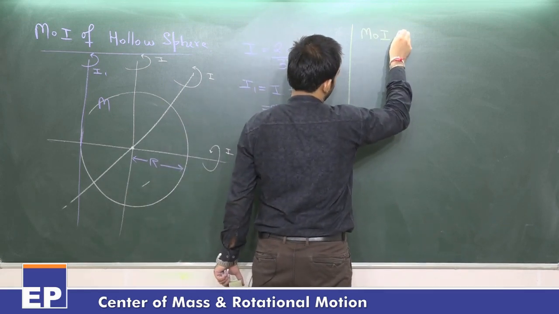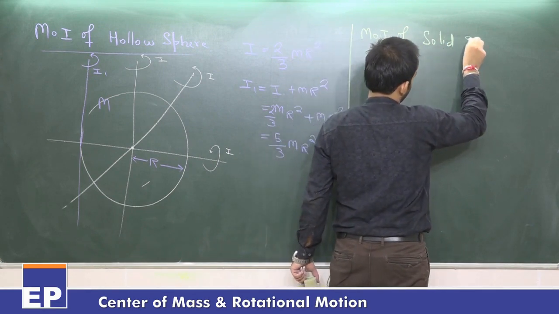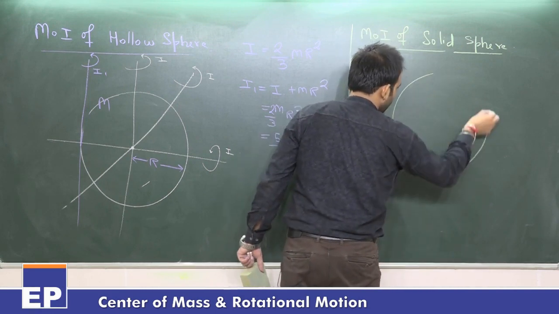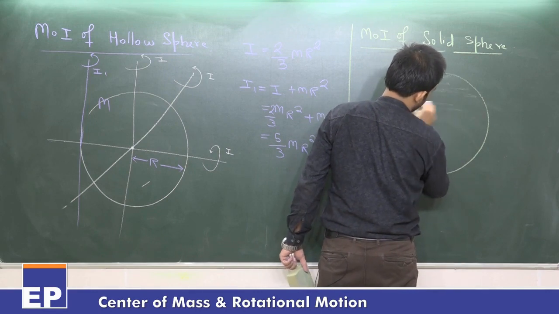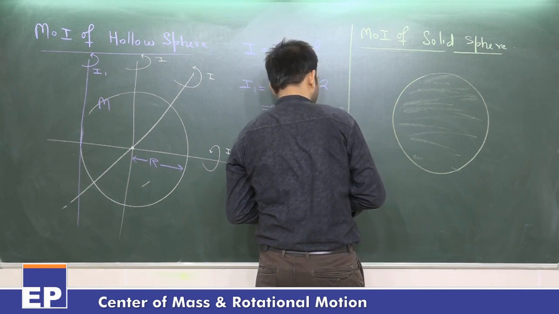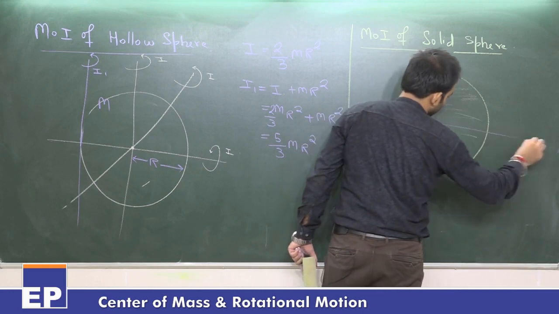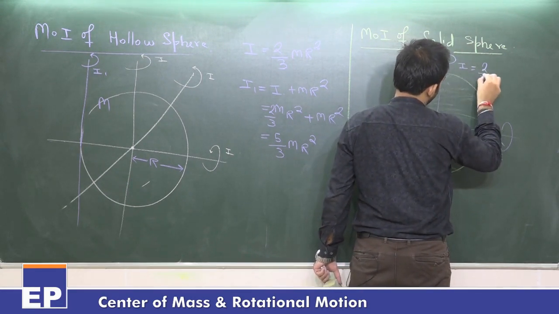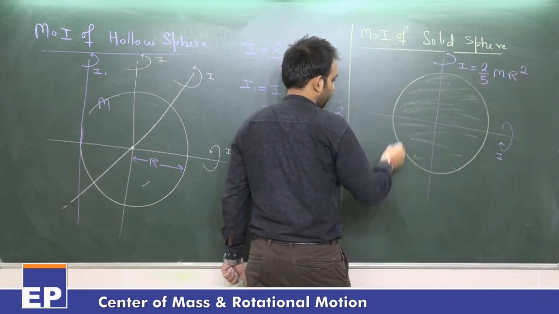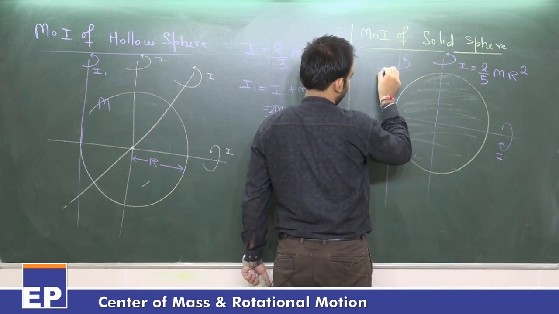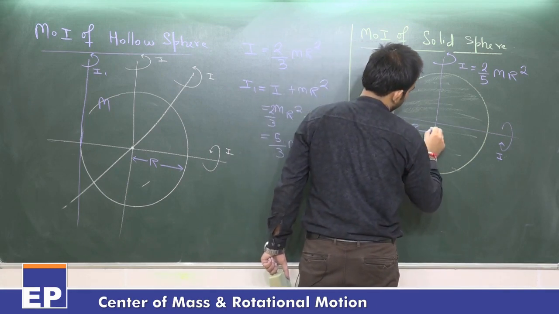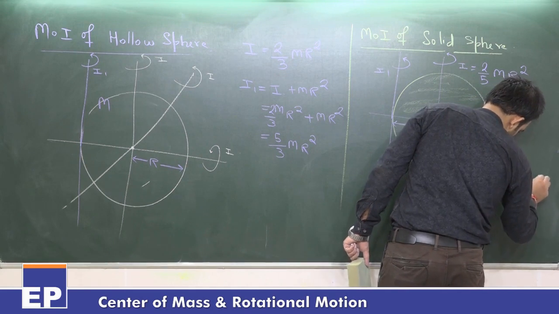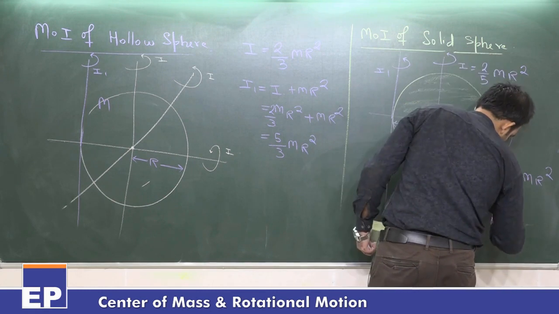Next is moment of inertia of solid sphere. If this is the solid sphere, then moment of inertia about this axis, I, is written as 2 by 5 m r square, and about this axis, I1, if this distance is r, I1 is written as I plus m r square. 2 by 5 m r square plus m r square will become 7 by 5 m r square.